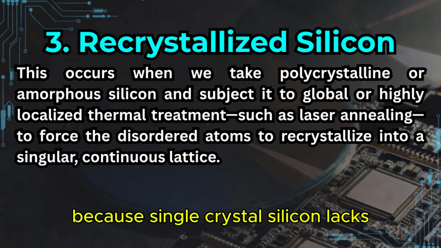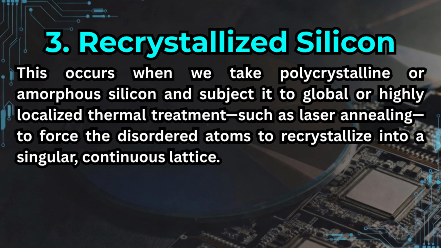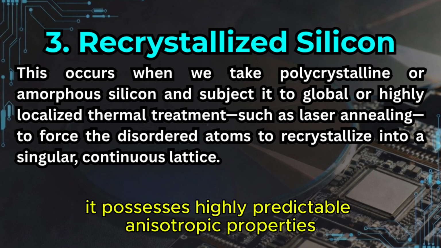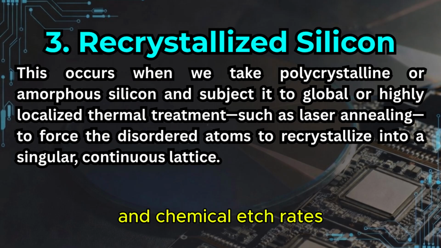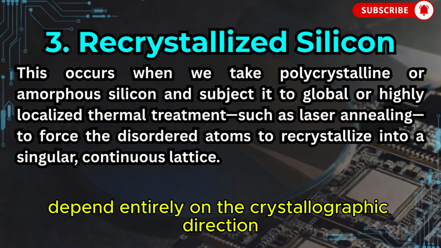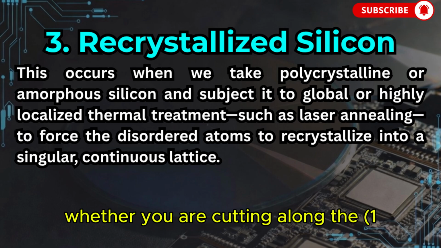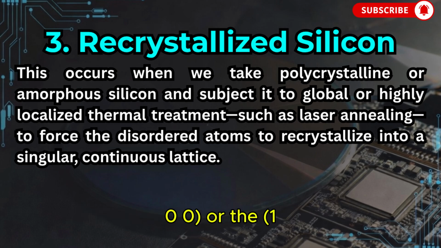Because single crystal silicon lacks internal boundaries, it possesses highly predictable anisotropic properties. This means its mechanical behavior and chemical etch rates depend entirely on the crystallographic direction, whether you are cutting along the 100 or the 111 plane.